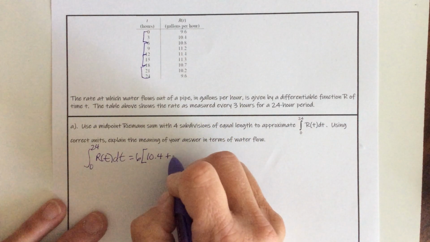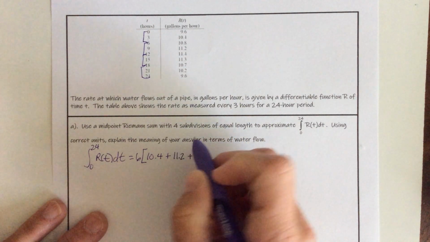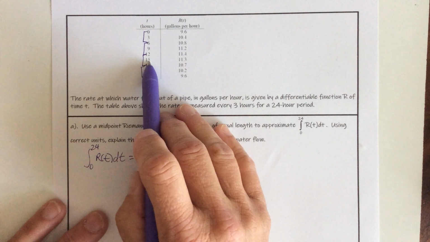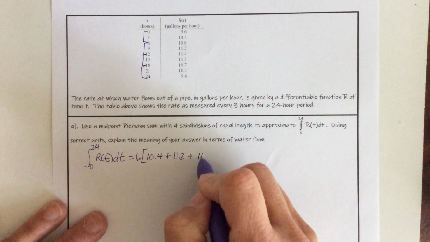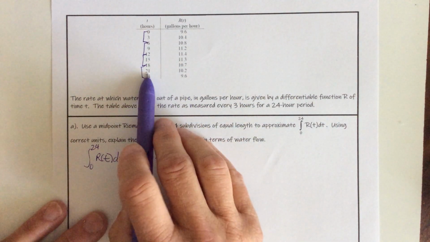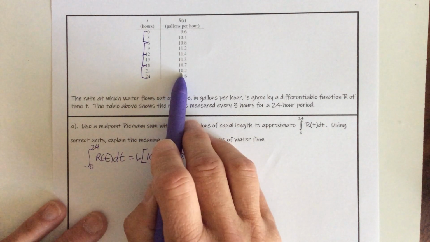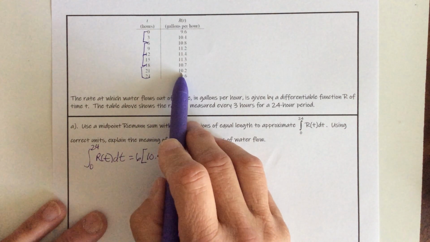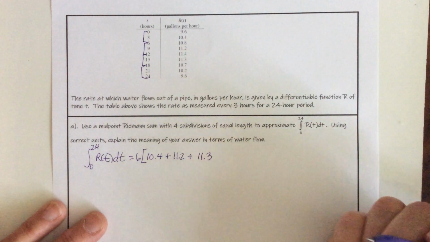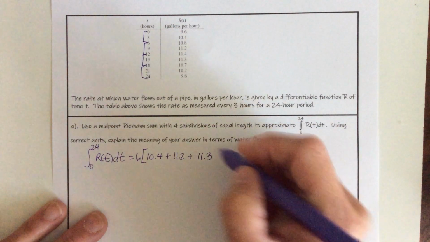Its height is 11.2. Then at 15, the third midpoint, the height would be 11.3. And then the last midpoint is 21. And that height is 19. No, it's not. It's 10.2, sorry.